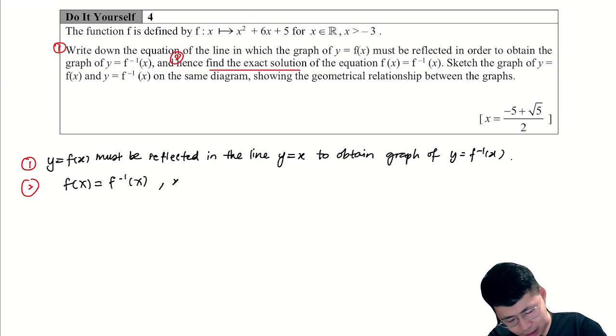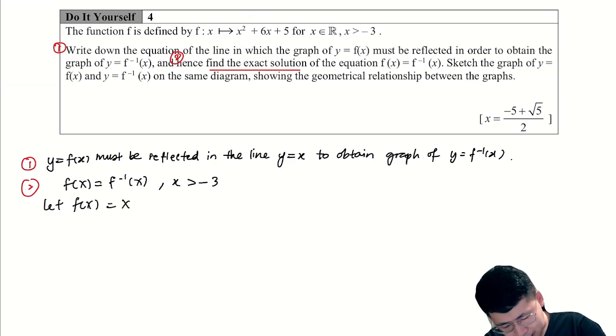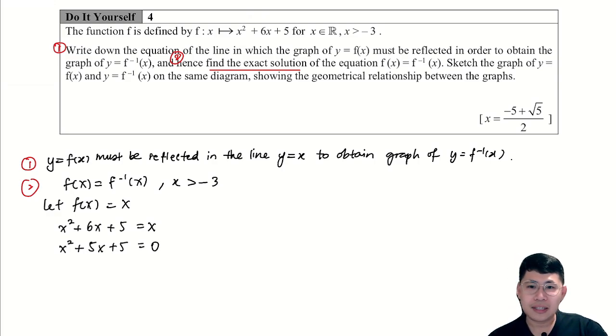Now take note that our x is greater than -3. So I'm going to let f(x) equals x over here. So my x squared plus 6x plus 5 is going to be equal to x. x squared plus 5x plus 5 equals 0. Right, so this is how we are going to do it.